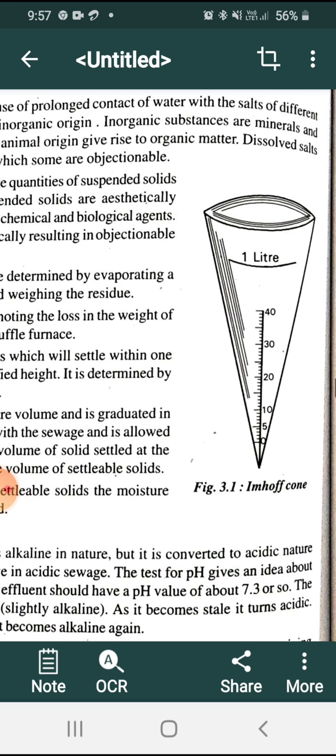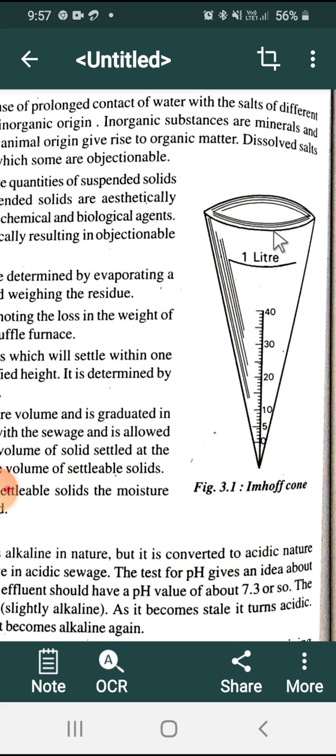What is its capacity? 1 liter. If you put something in from the bottom, this instrument is used to measure settleable solids. Solids are the impurities present in the water. They have different types: total solids, suspended solids, dissolved solids, like this. Here in this, what do you call this glassware?